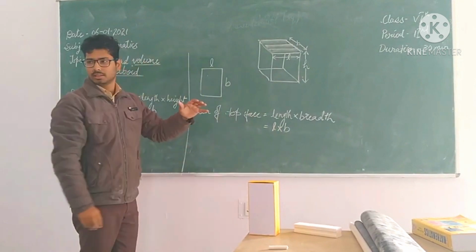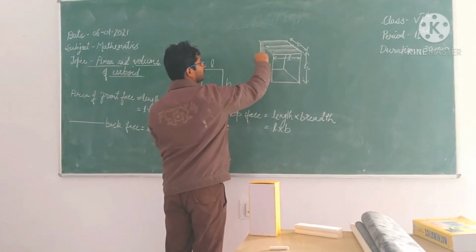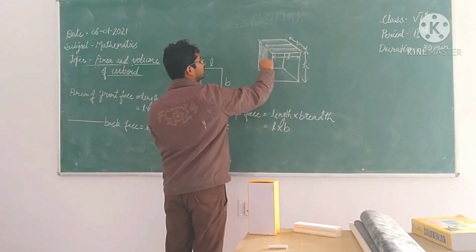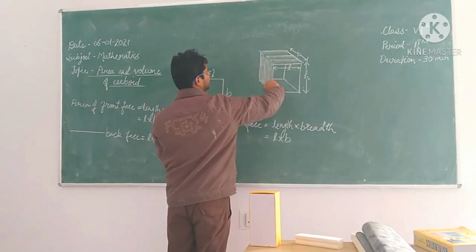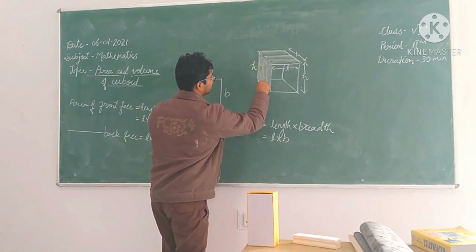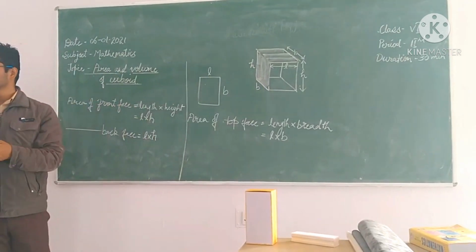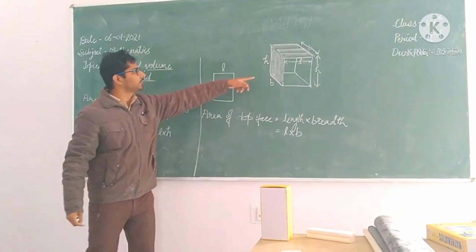So what will be the area of this face? You can see this face, the left face of this cuboid. It is of height h and it also has breadth B. Can you tell me the area of this left face of this cuboid?